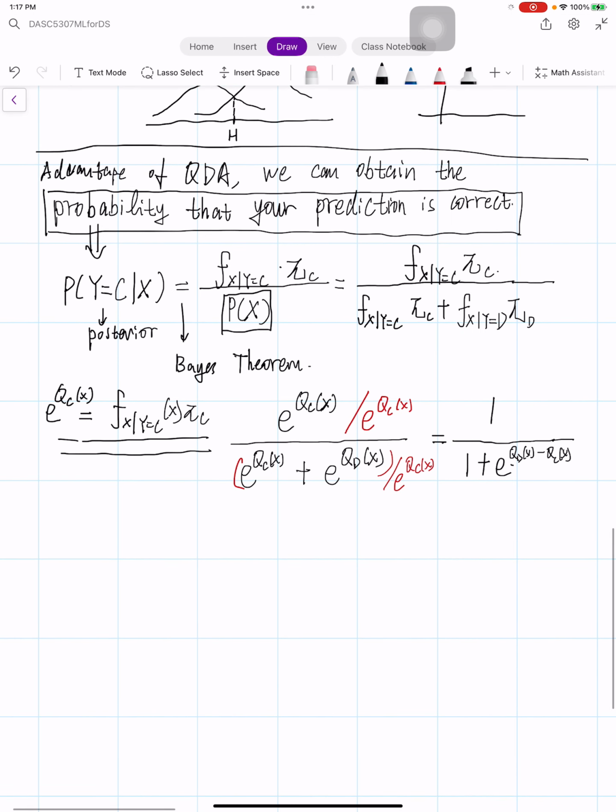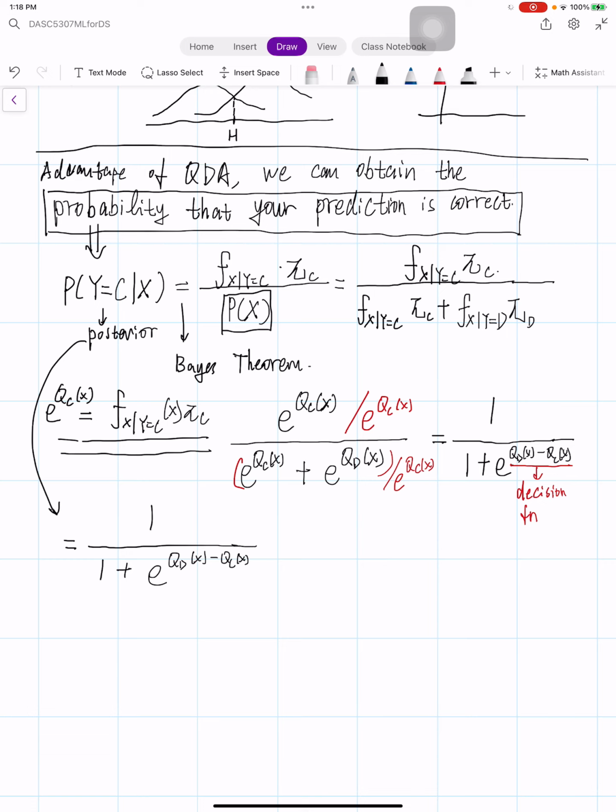Recall this is nothing but our decision function, right? In summary, we rewrite our posterior probability as 1 over 1 plus e to the power of some quadratic function, QD of x minus QC of x.